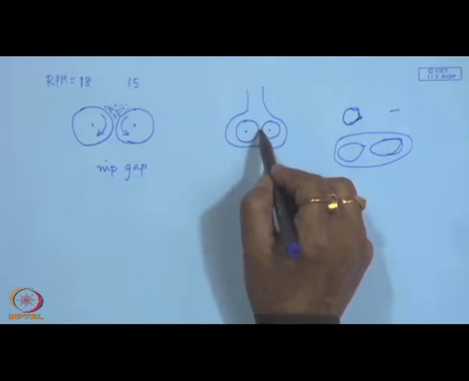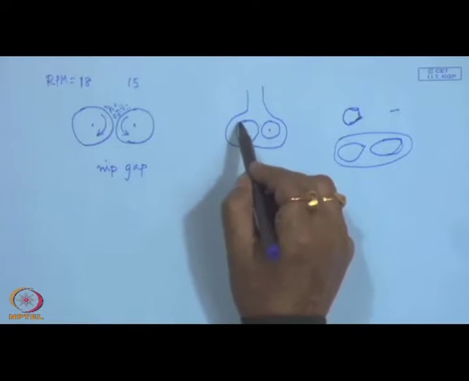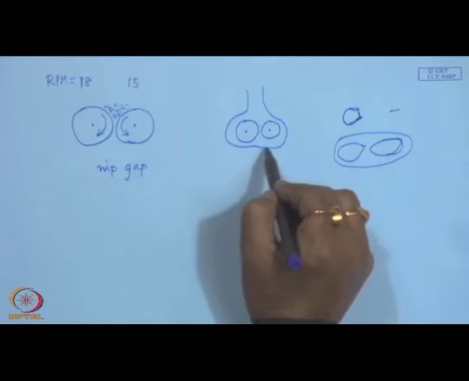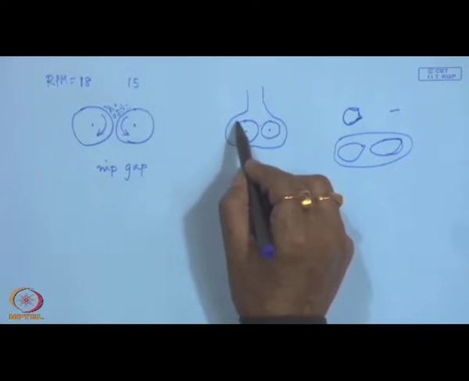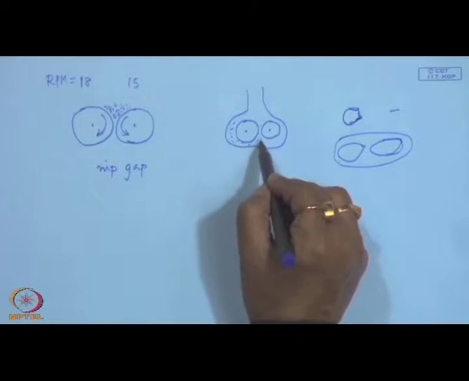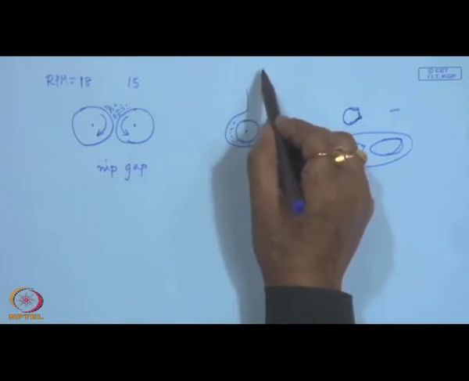Here we can get the shear action at the gap between the two rolls or rotors, as well as at the stationary wall of the chamber, where we can also have shearing action.